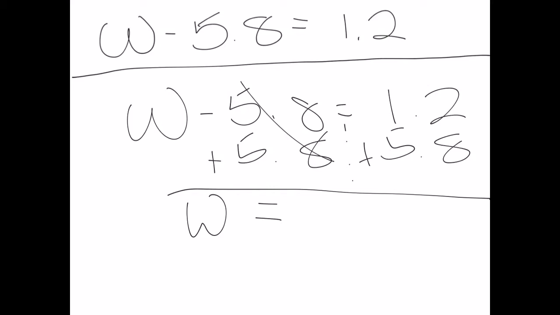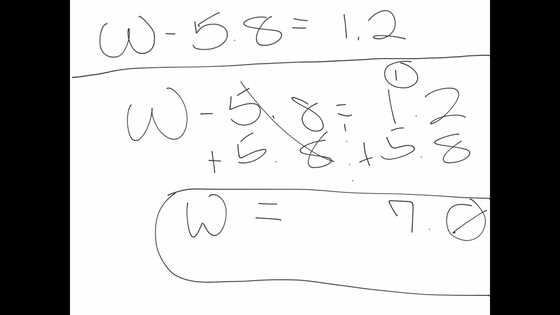So over to the right, we have 1.2 plus 5.8, and we just add as normal. So 2 plus 8 is 10, carry the 1, and 1 plus 1 is 2, so 2 plus 5 is 7, and we'll carry the decimal. So we can cross out that 0 because we don't need it, and that's how we solve it.